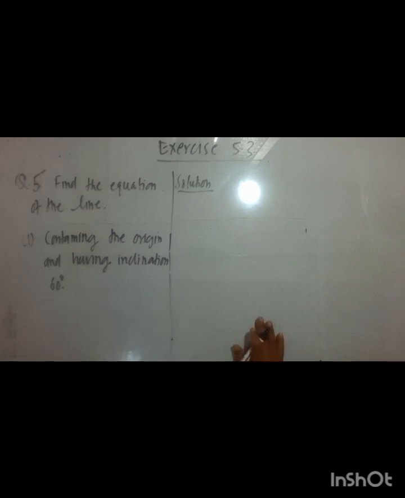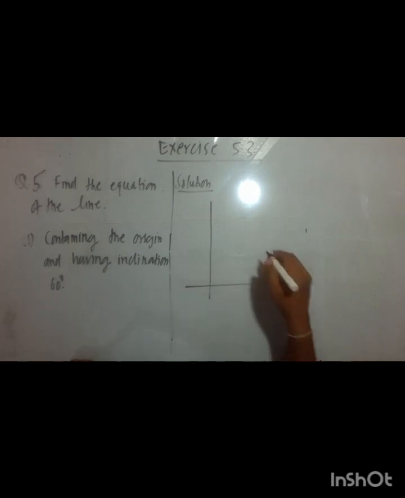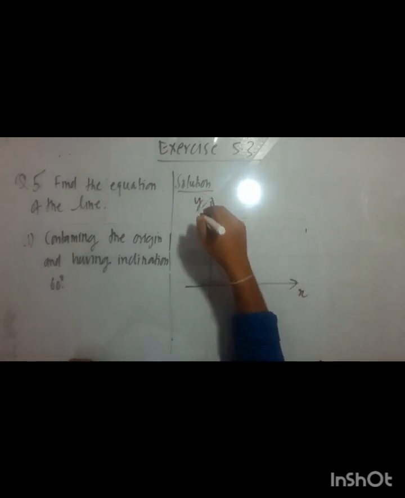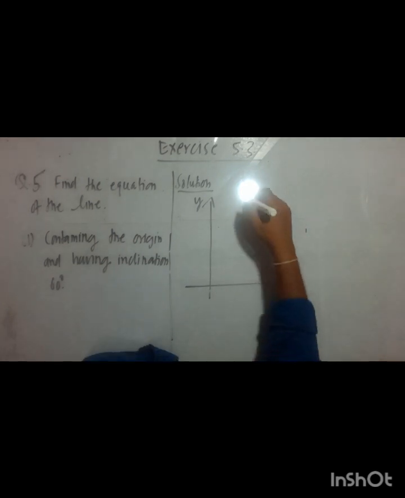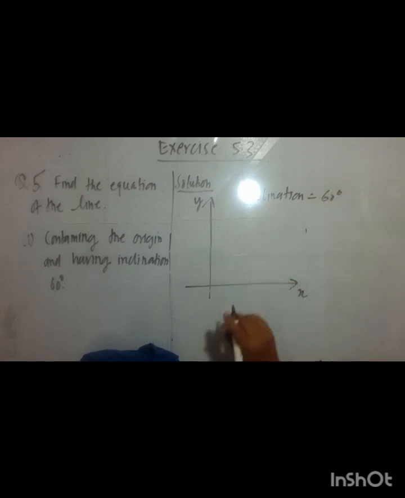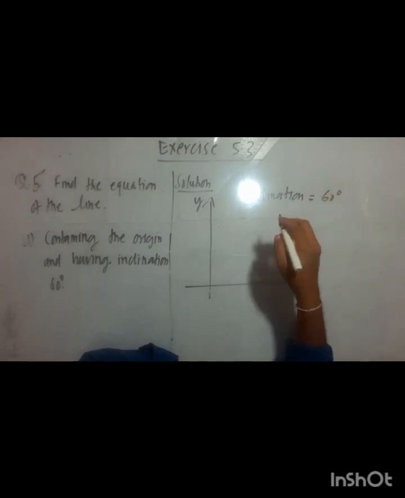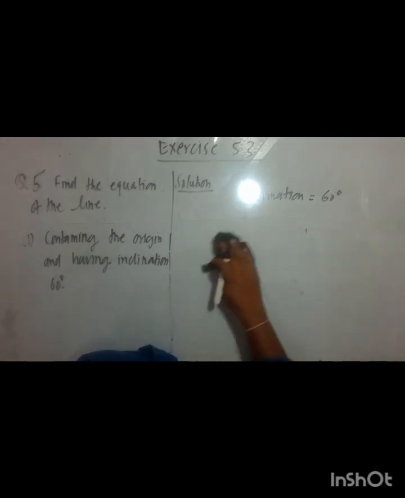Alright, so this is the line. See here, I will draw this figure, x and y. Containing the origin and having the inclination. What is the inclination? Inclination is 60 degree. So if the inclination is given, there is no need to draw a diagram, straight away we can solve.